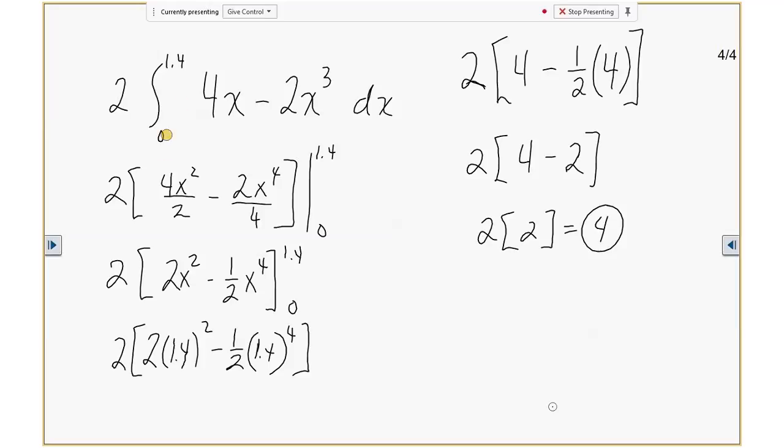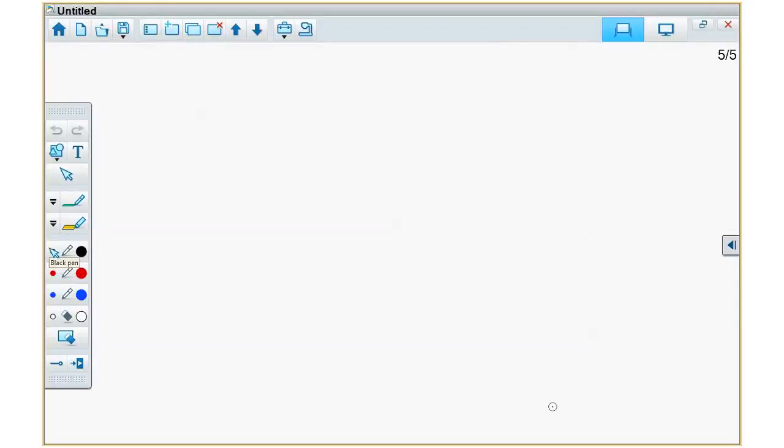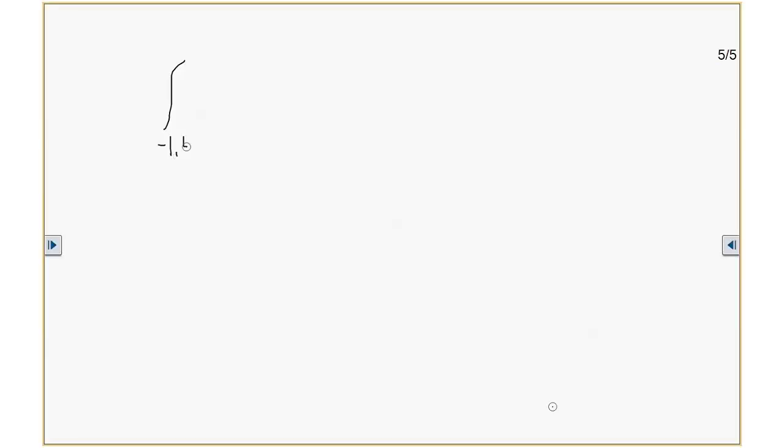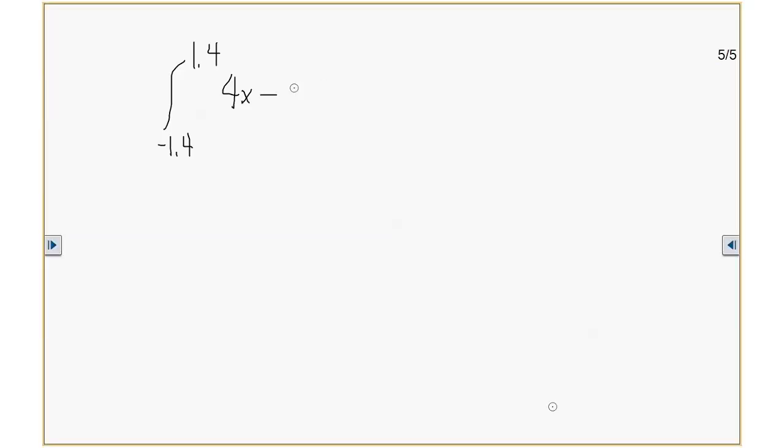So instead of 4x minus, what was it? 2x cubed. 2x cubed.